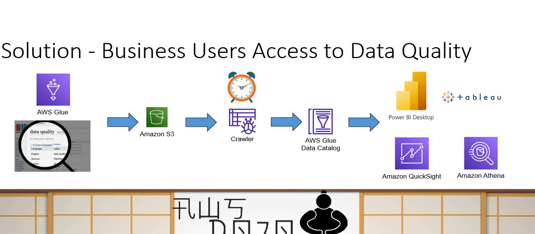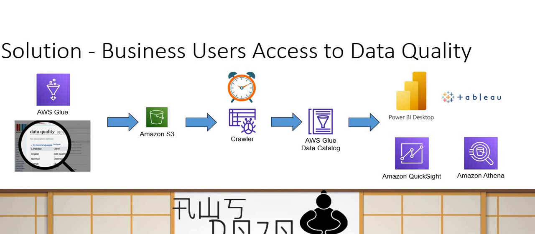If you really want to create a report and present it to your business users, you might want to use Power BI, Tableau, or QuickSight, or other report tools. I'm not saying that just these 3 reporting tools can do the job for you. There are other tools as well, and depending on which one you are using in your organization, you might want to use it to access the report.